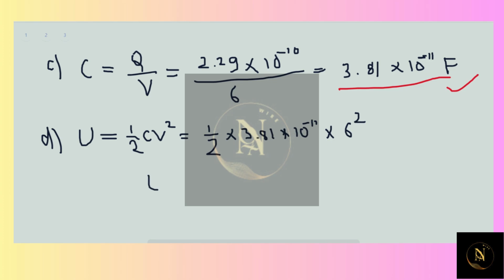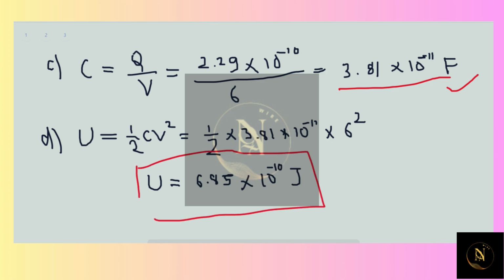And if you calculate this value, the energy stored in the capacitor comes out to be 6.85 times 10 raised to negative 10 joules. So this is the energy stored in the capacitor, which is the answer for the final part of the problem.